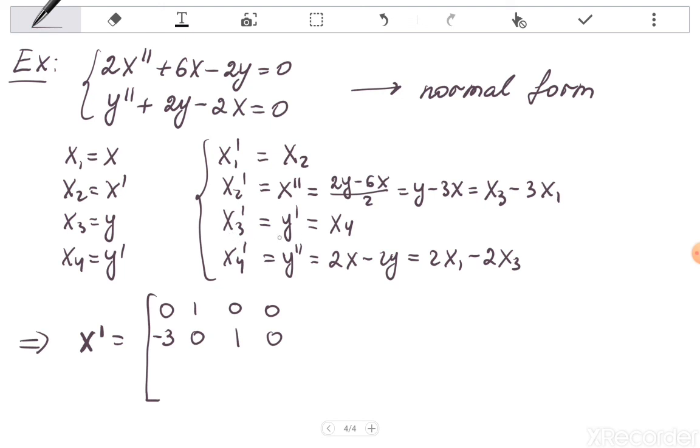For the third line we look at the third equation, and only for x4 we have coefficient 1. And for the fourth line we look at the fourth equation, we have 2 as coefficient of x1, for x2 no coefficient, for x3 minus 2, for x4 no coefficient. So we get this normal form of this system.